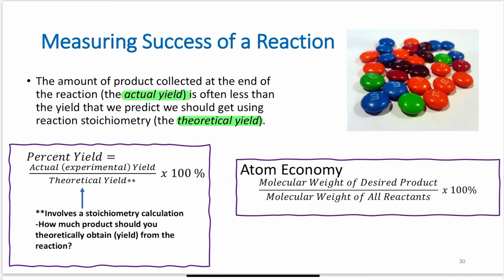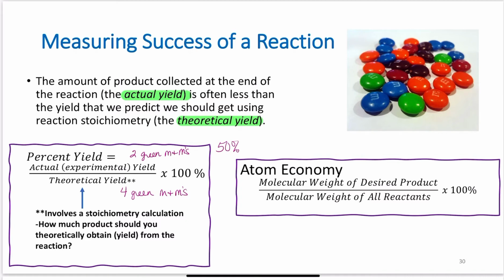So we know that we should have 4 green M&Ms. Let's say I do the reaction and I obtain at the end just 2 green M&Ms. So I take 2 divided by 4, multiply that by 100%, and that would be a 50% yield. That means I got half of what I thought I would.